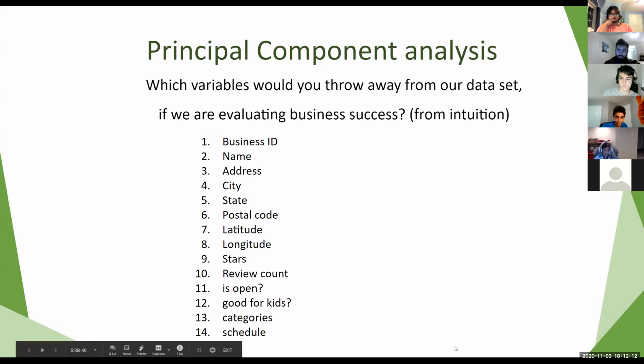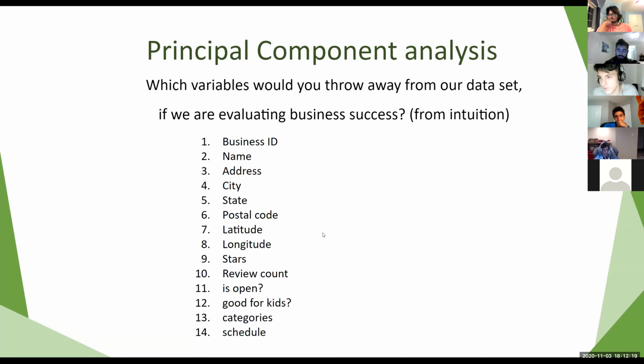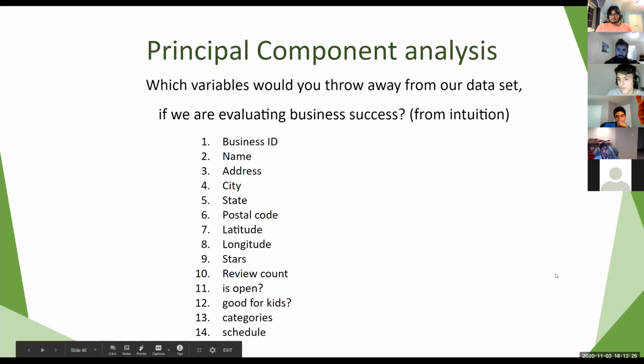Latitude, longitude. Latitude and longitude. Do you think, based on how we clustered latitude and longitude, that latitude and longitude would worsen how easily our data is clustered? Maybe. So we throw away longitude. Good for children. Okay, so we throw that attribute away.